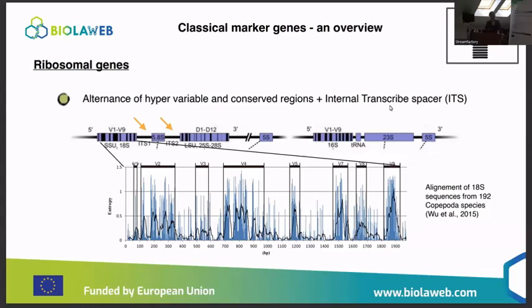Yes. I hope I will be better this time. Maybe understand step by step, but you have to align the sequences. So, for instance, in this study, they took the 18S sequence for 192 Copepoda species.